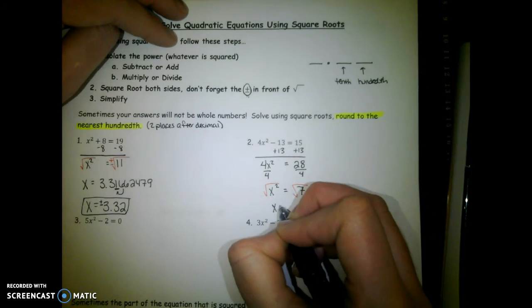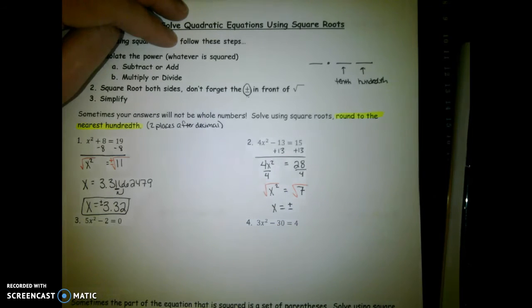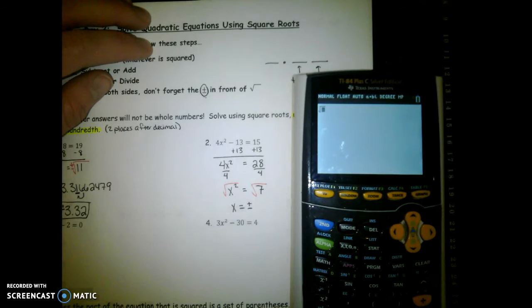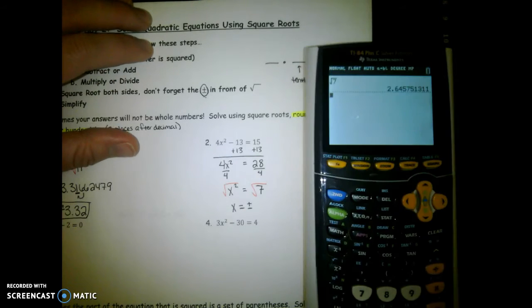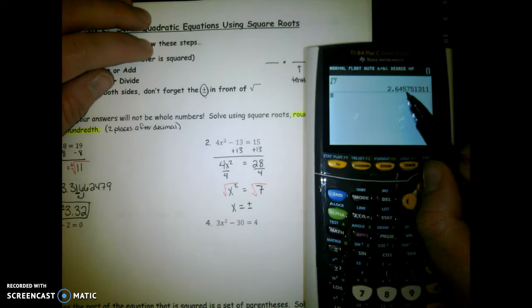So x is going to equal, stick your plus minus in there, the square root of 7. 2 numbers past the decimal. We have 2.64. The number that comes next is a 5.